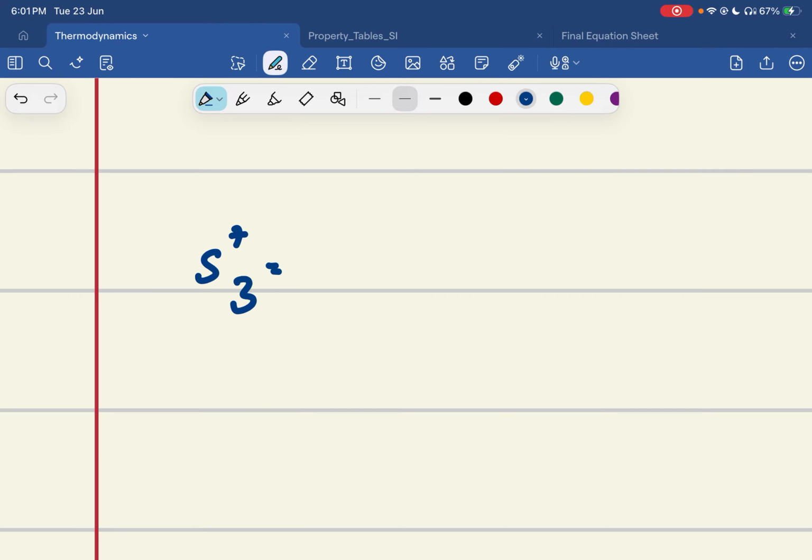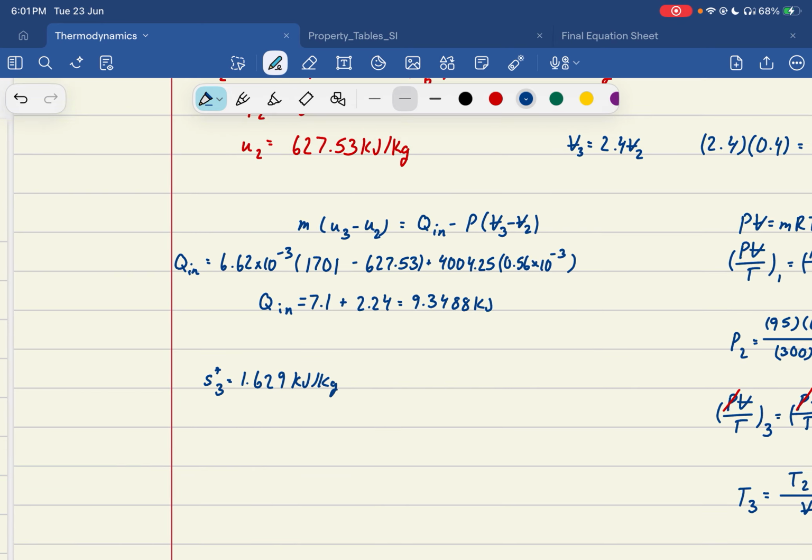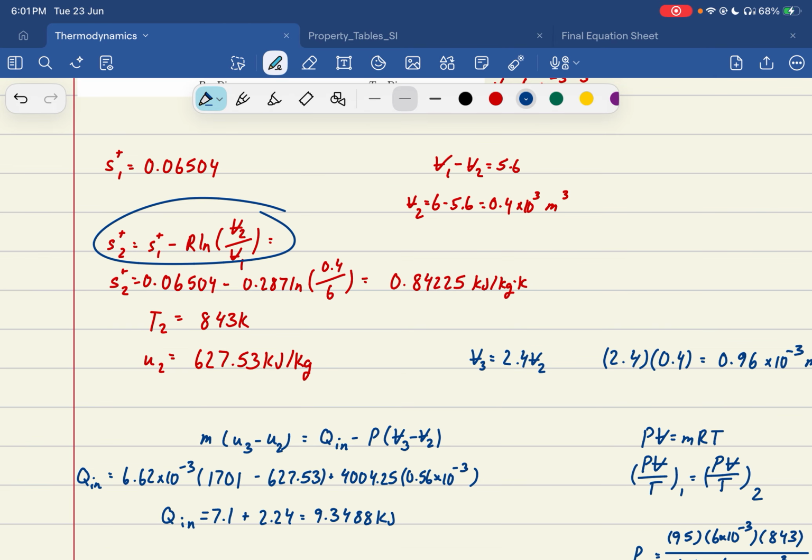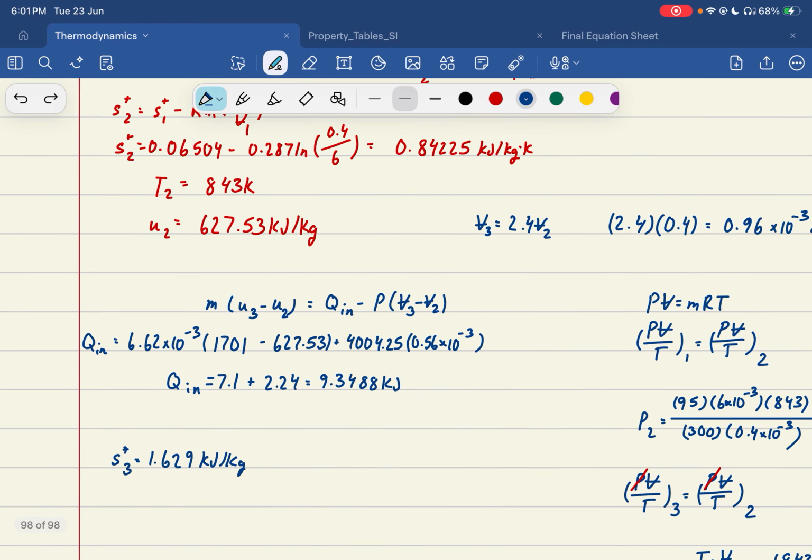And we get an S plus of 1.629 per kilogram. Same thing here, plugging this in again, but it's going to be a little different.